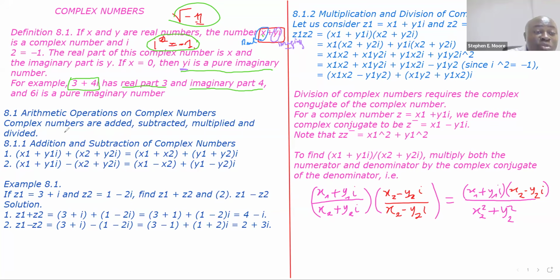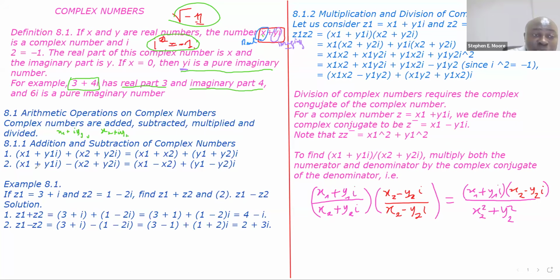If you have two complex numbers, x1 plus iy1 and another one, x2 plus iy2, then you can add them. If you add them, you add the real parts and then you add the imaginary parts.